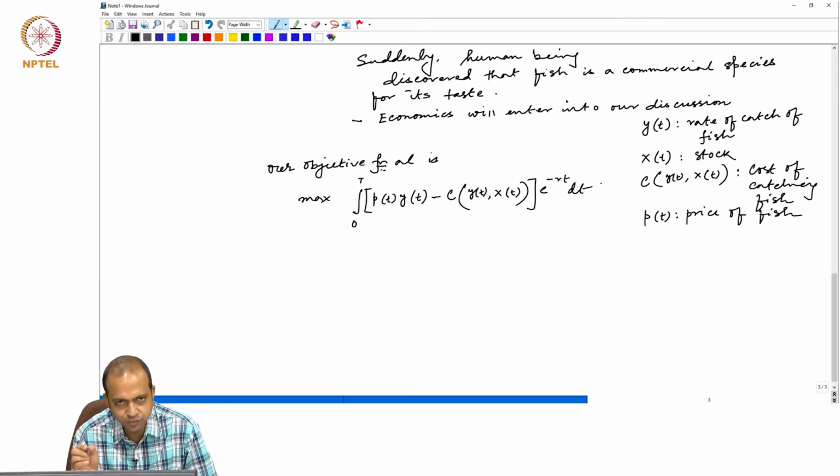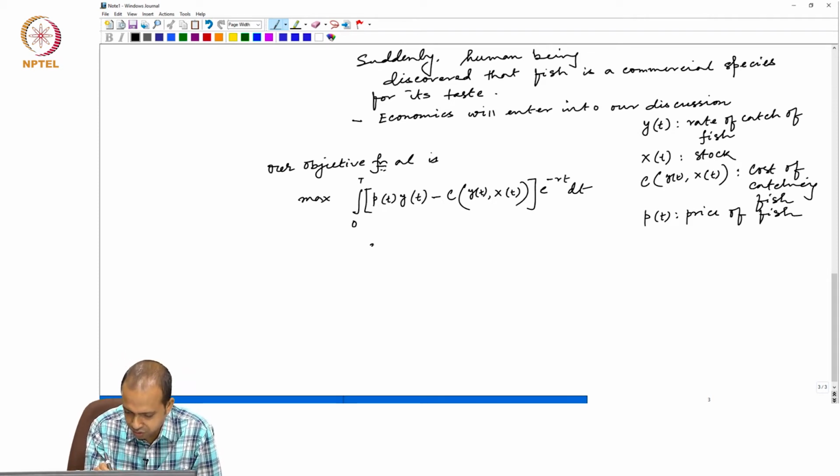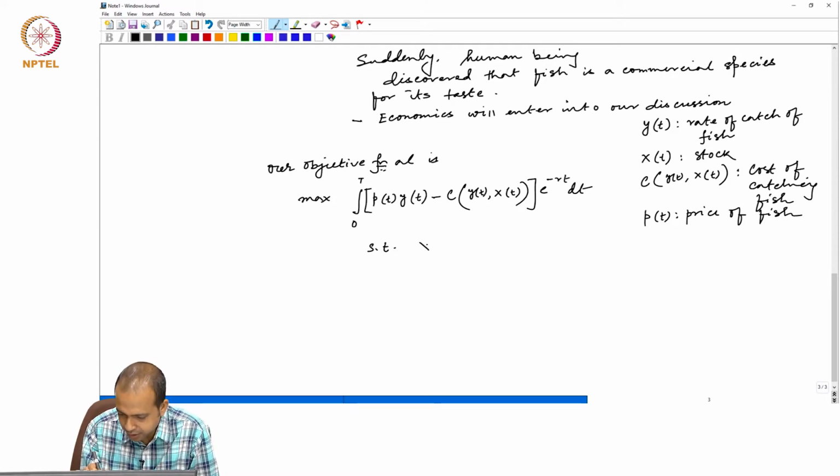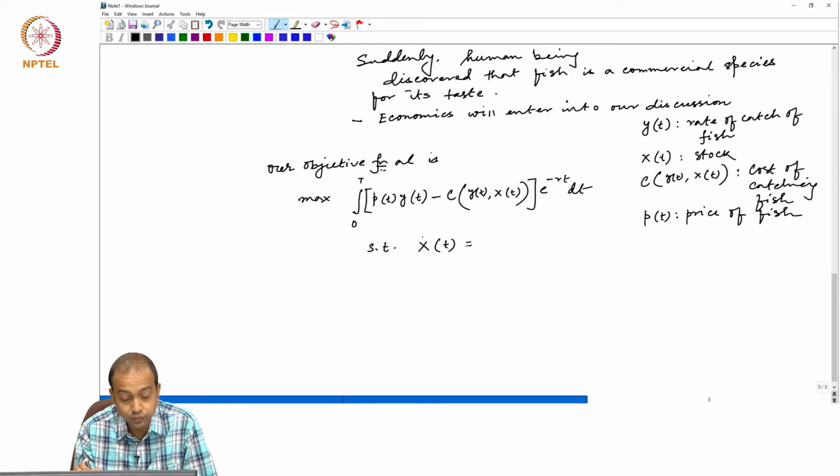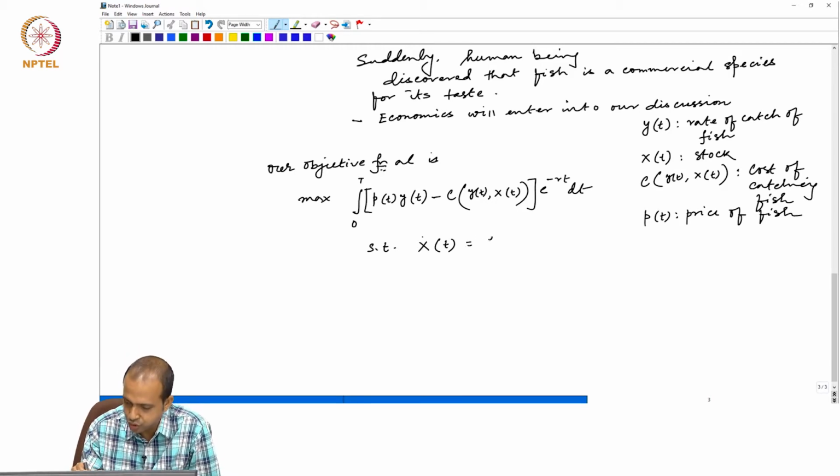The same objective functional as in the non-renewable resource, but the constraint will change. The constraint will change as x dot t, that means the rate of change of the stock, is equal to g of x t, growth, minus harvest.